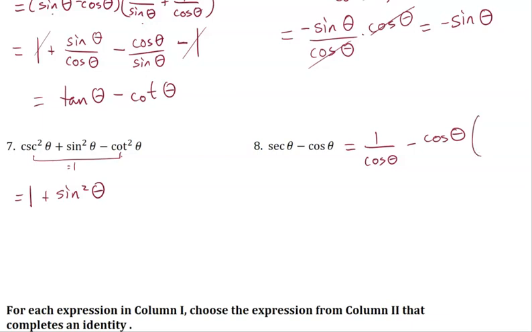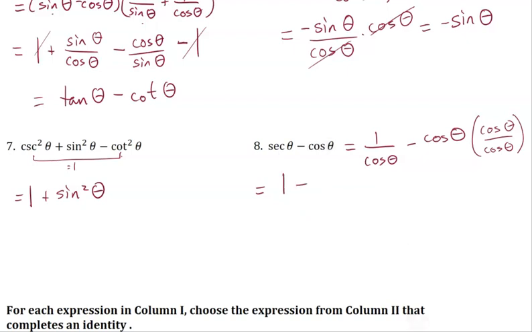To get a common denominator, I'm going to multiply by cosine theta over cosine theta, because then I would now have both over cosine. So I get 1 over cosine squared theta minus cosine over, backing up. Sorry, only cosine in the denominator.